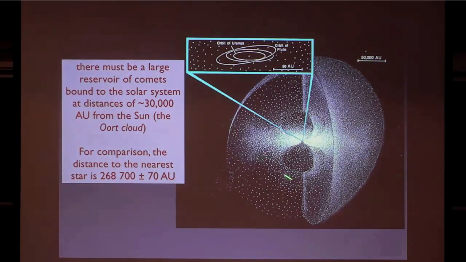It's a roughly spherical cloud of comets at a distance of something like 30,000 astronomical units from the sun. This is a remarkably large distance, in the sense that the distance to the nearest star is about 270,000 astronomical units. So although the Oort cloud is associated with the solar system, it goes out to halfway to Alpha Centauri.